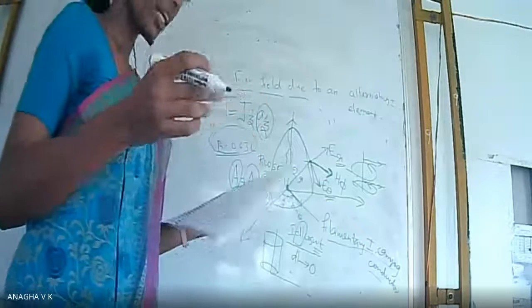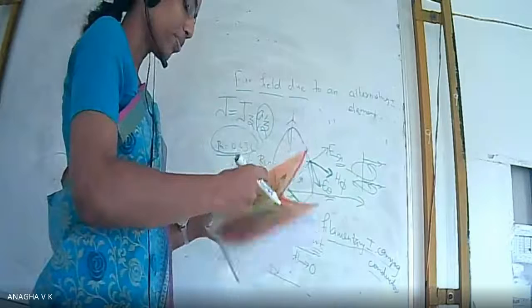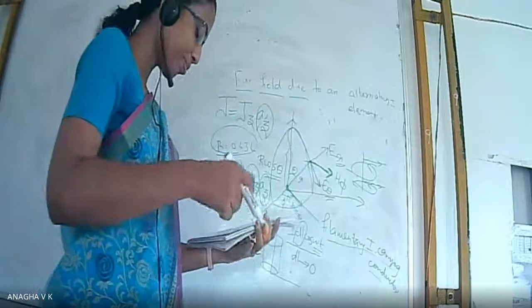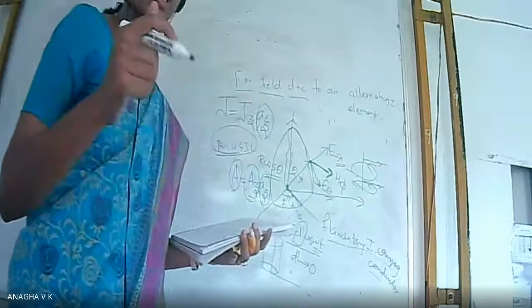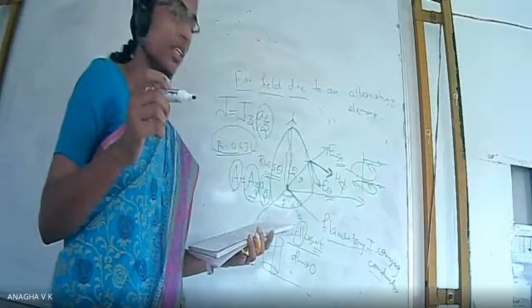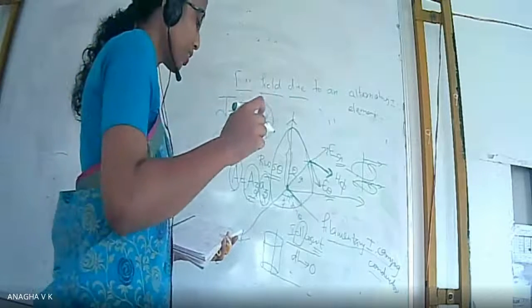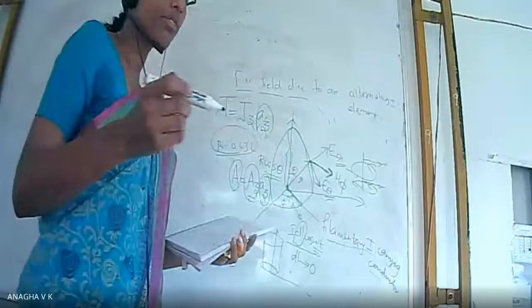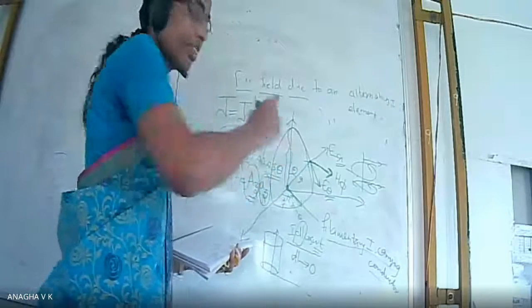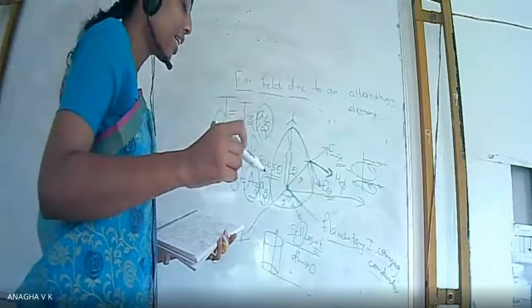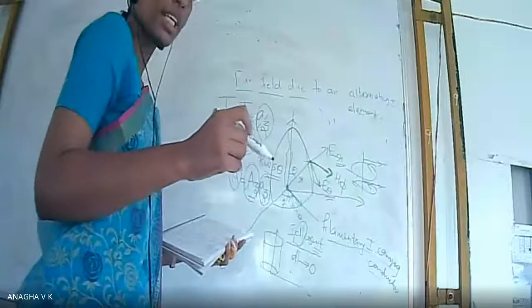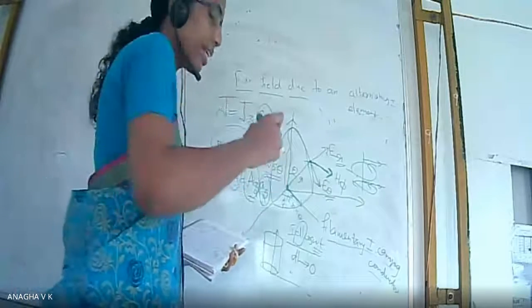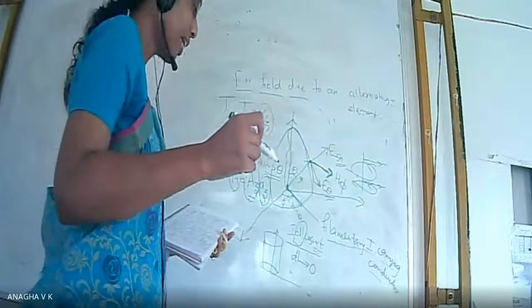So we need to transform the cylindrical coordinate system to the spherical coordinate system. The cylindrical coordinate system was also suitable for the assumptions of this current carrying conductor or Hertzian dipole, but we are taking the spherical coordinate system.